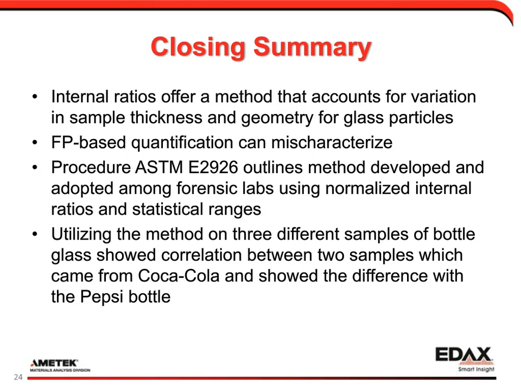Just as a closing summary, the internal ratios, which is a quantitative method where you use one element intensity and ratio it against another element in that same sample, actually account for much of the physical sampling effects, such as variation in sample thickness and sample size, particularly for glass particles in criminal forensics, where just by nature of the samples, these glass fragments will vary greatly in size from microns and above.